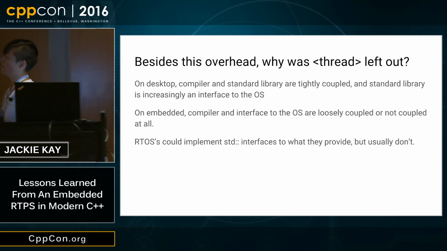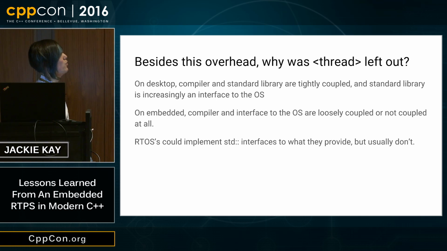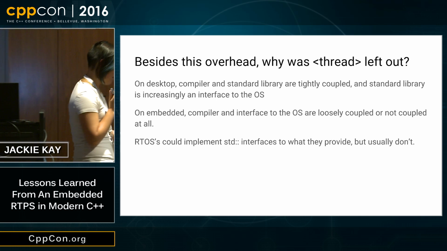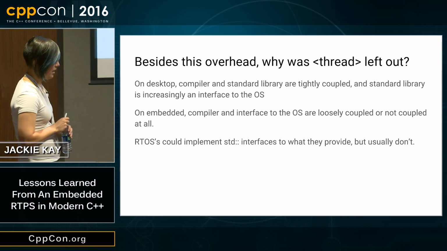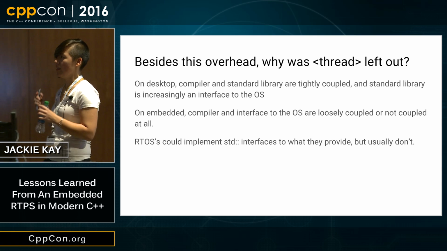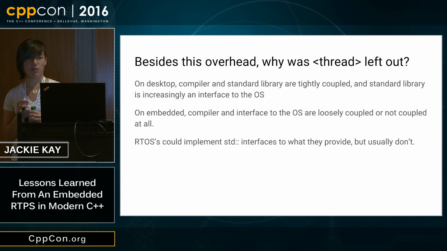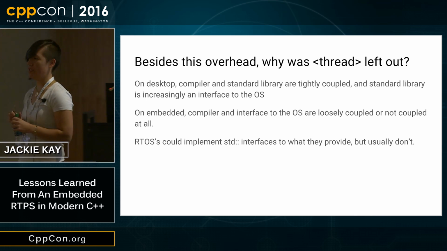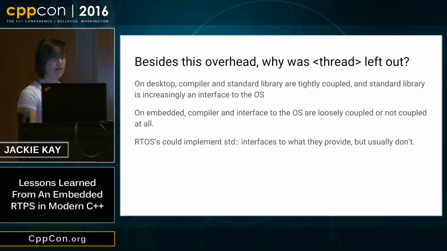And as I wrote here, the text on this slide I find really important, and I think this is a really important distinction between desktop and embedded development: the compiler is tightly coupled to system calls in a lot of places in the C++ standard. And by system calls, I mean operating system API.